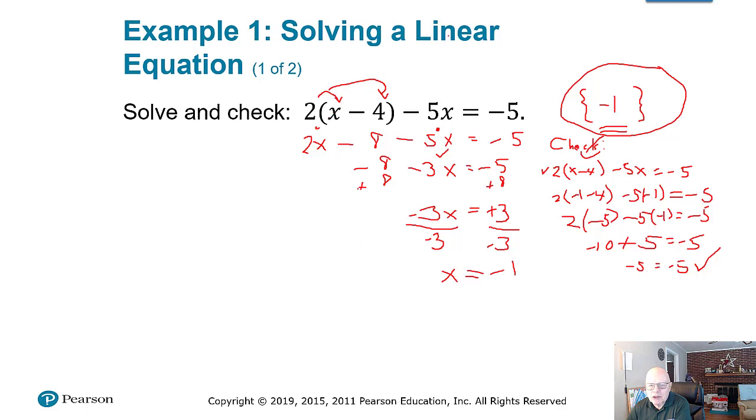Spoiler alert, you would take the solution you just found and store it in your calculator's X mailbox, and then write the left-hand side in your calculator, hit enter, and you should end up with -5, because your calculator is going to get to the x and it'll say, oh, that's a -1. It'll get to this x and say, oh, that's a -1, and it should end up with a -5. An easy way to check.